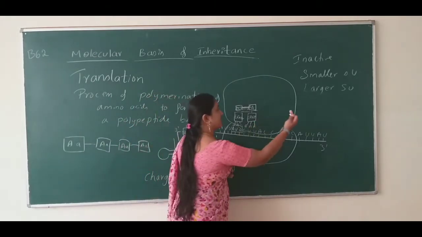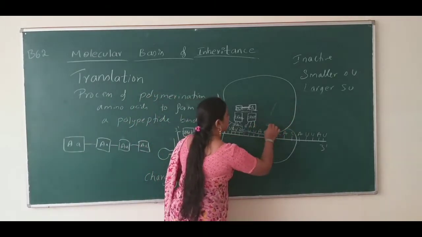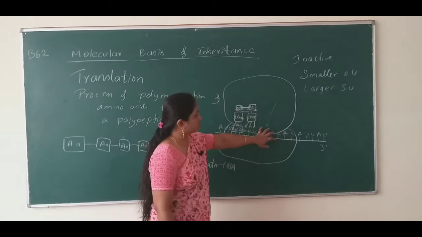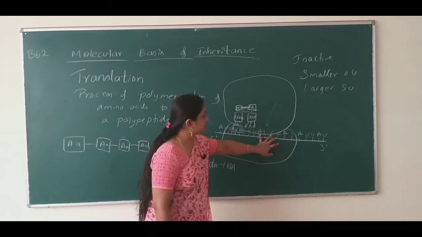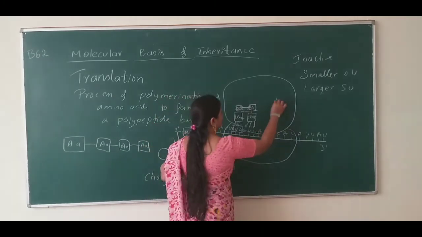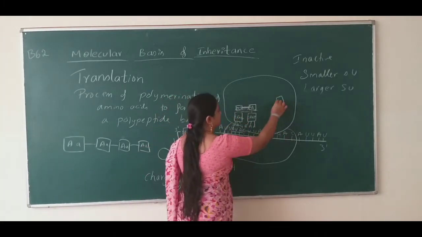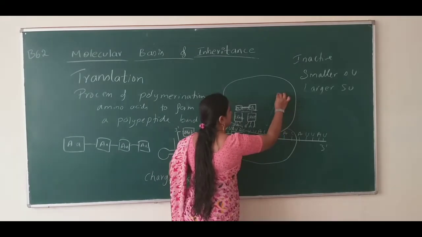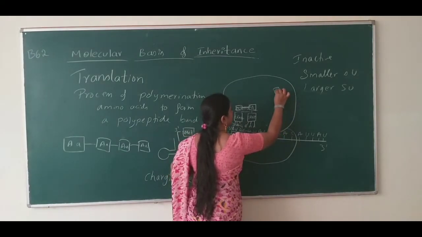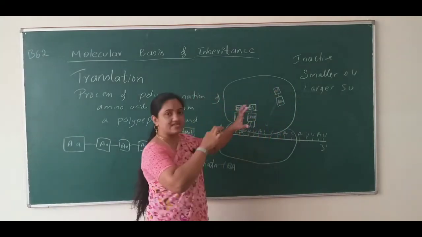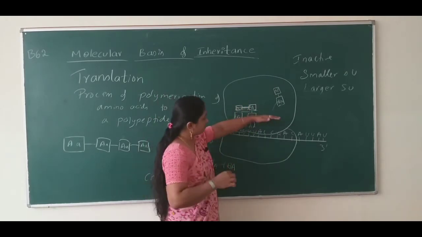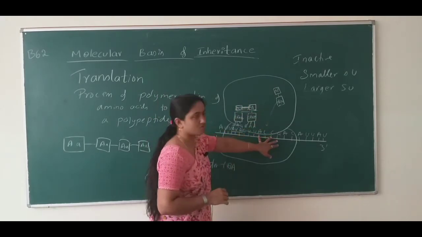One more tRNA will be ready to code with this triplet codon. If the previous one is detaching, the tRNA having the third amino acid will get ready to bind to this triplet codon.